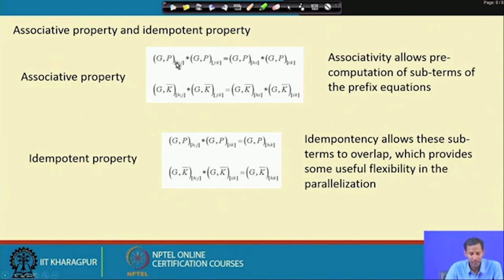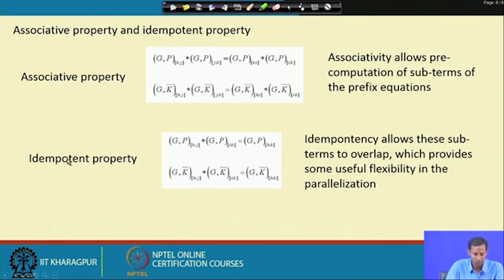Here you see within this parenthesis the corresponding terms are H to J and J to K, then I can write H to I and I to K, that means this J can be replaced with I. And for this K bar, this is for method 1 and this is for method 2, where for method 1 I am using P, for method 2 I am using K. So, for method 2 this is G K bar H J, so J to K, so again it can be written as H to I then I to K.